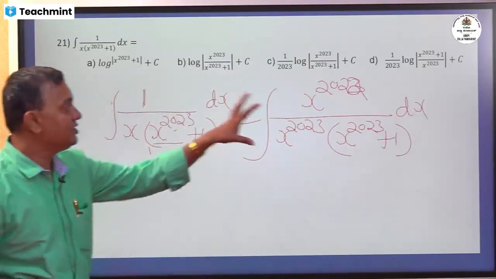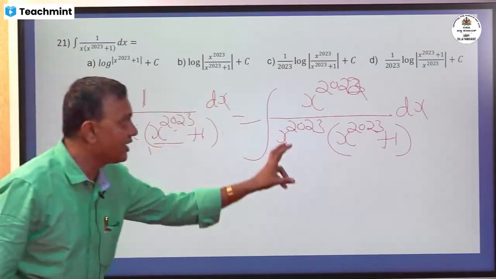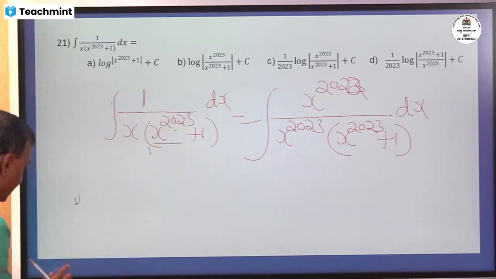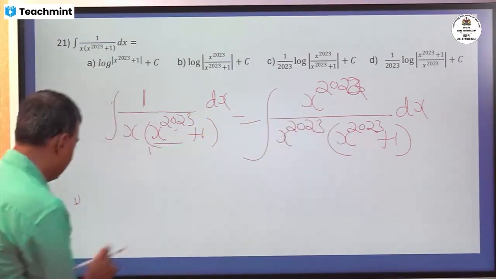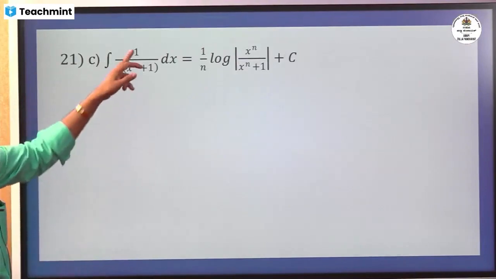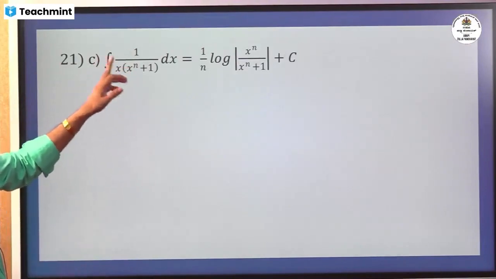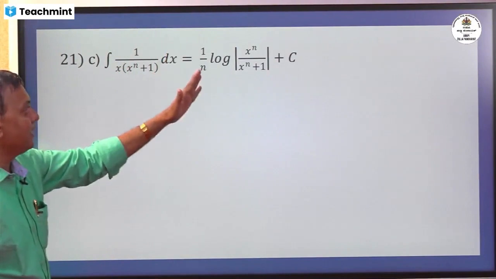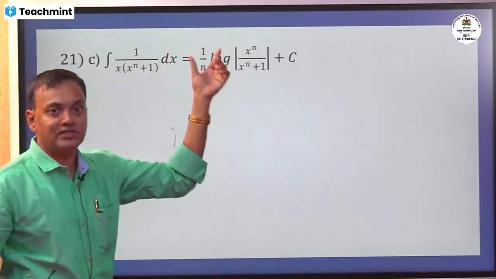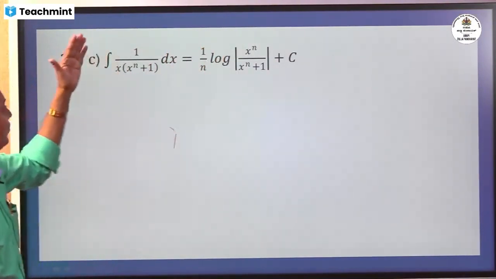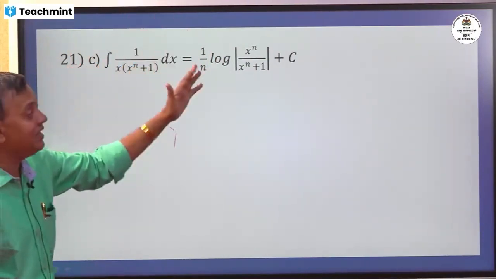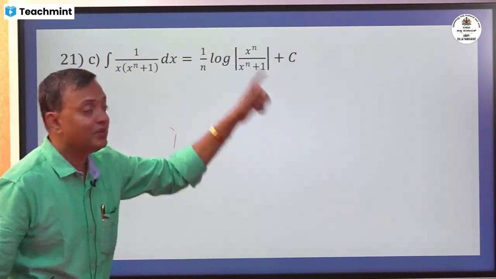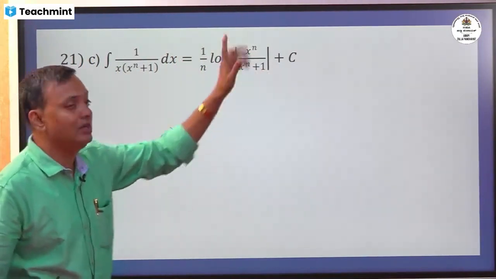Then this integral is of the form, this is also a very standard form. Integral of 1 by x into x power n plus 1 dx is 1 by n log, this result should be known. So integral of 1 by x into x to the power n plus 1 dx is 1 by n log modulus of x power n by x power n plus 1 plus c.